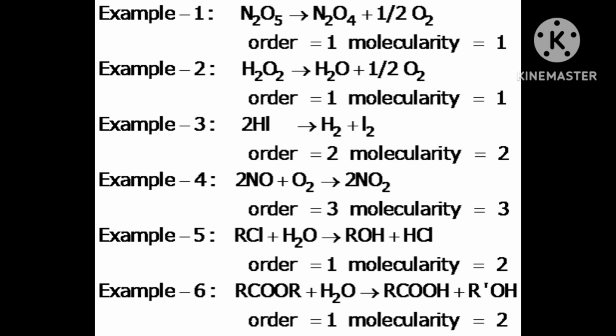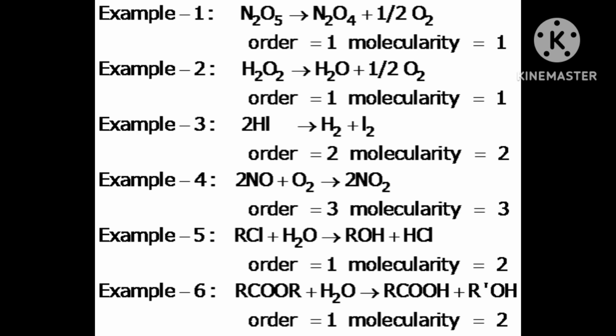Then all bonds of glucose or sucrose, whatever it be, sucrose is C12H22O11, all bonds should break. First it will break. The H2O bond will also break. Correct? Any reaction is considered like that. Both reactants, all bonds should break.